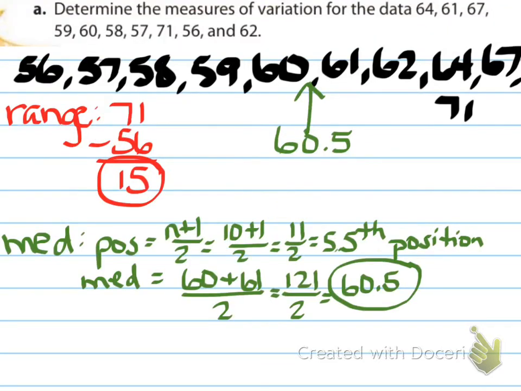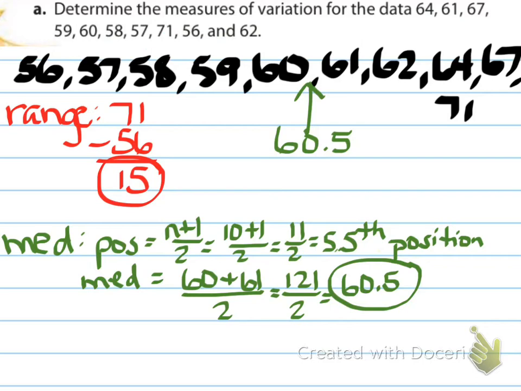Alright, first I want to show you my range. The answer was 15. For median, I went ahead and did my n plus 1 divided by 2. There's 10 digits, so add 1, then divide by 2, which is 5.5. So the position I'm looking for is 1, 2, 3, 4, 5, and then a little half to get you right there.